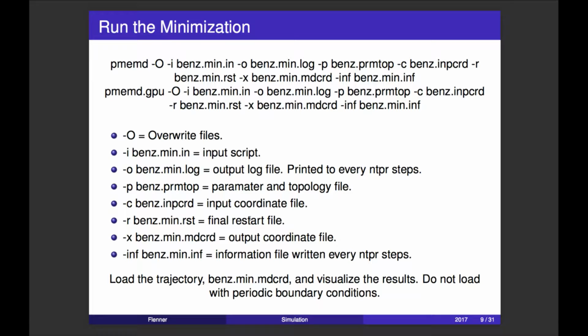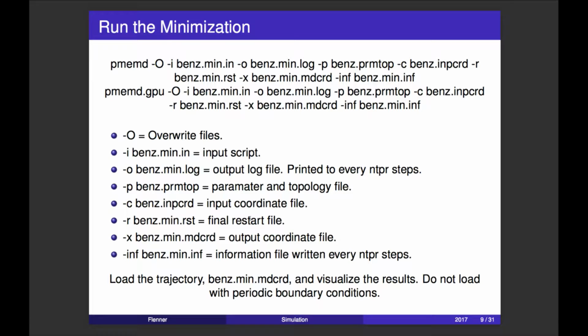So the -I, and what's after that, is the input script, the one I just showed you. There's a log file that's printed every so many steps. The parameter file, which is what we loaded into VMD also, gives you the force field and the topology. You need an input coordinate file.